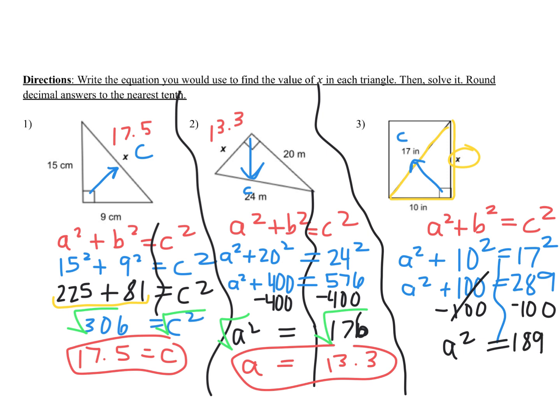And of course, by now we should know the last step to get A by itself is to take the square root of 189, which is approximately 13.7. Put that in my picture. Make sure that it makes sense. Our longest side is 17.